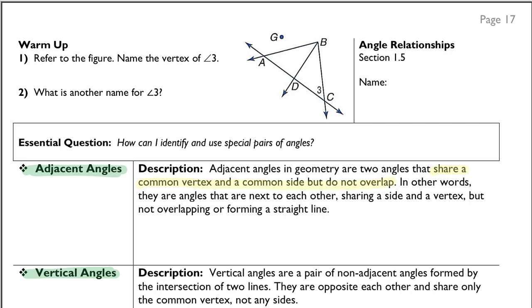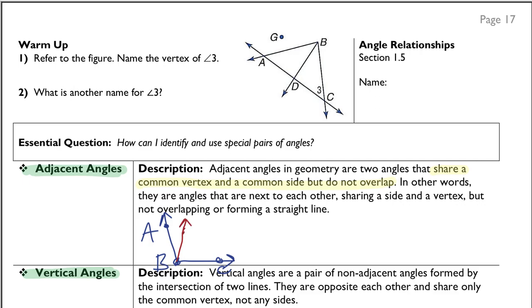That's very important. So let's draw a rough sketch of that first. If I draw an angle like we've normally been doing, let's give it some points: A, B, and then C. Now I'm going to put another point in there. I'm not going to bisect it like the other day.